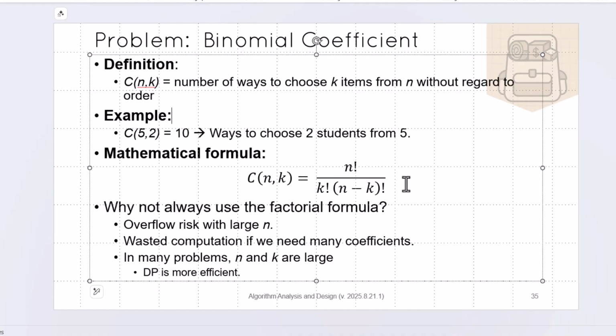So why wouldn't we always just use this factorial formula? Well, there's overflow risk with large n, because calculating factorials is very expensive. There's wasted computation if we need many coefficients, right? In many problems, n and k are large, and dynamic programming is more efficient for those scenarios.